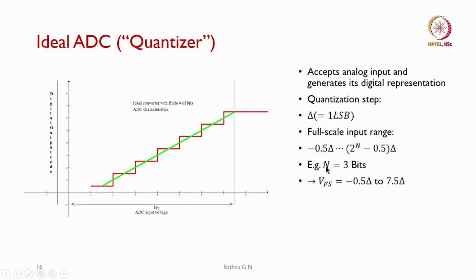As an example, if we assume it is a 3-bit processor, then the full voltage scale we can represent is minus 0.5 delta to 7.5 delta. This is the full scale range of our ADC.